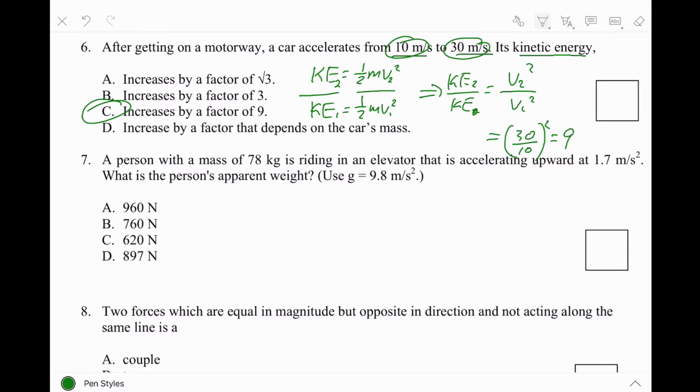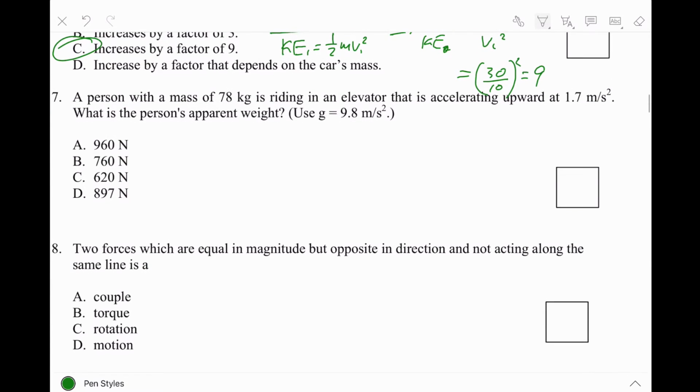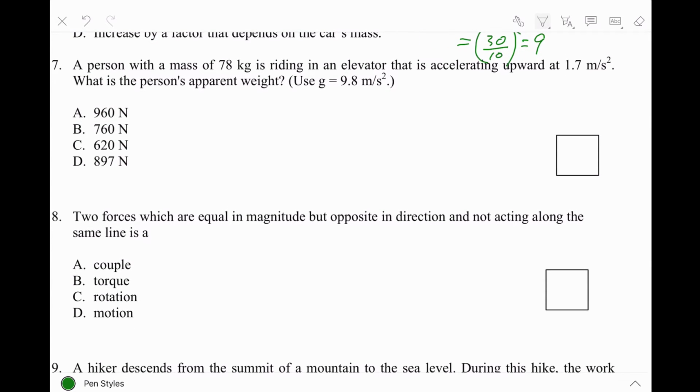Number 7, a person with a mass of 70 kilograms is riding in an elevator which is accelerating upward. Now, there are only 4 different, well, 6 cases to be honest. Let's review what this type of question is about.